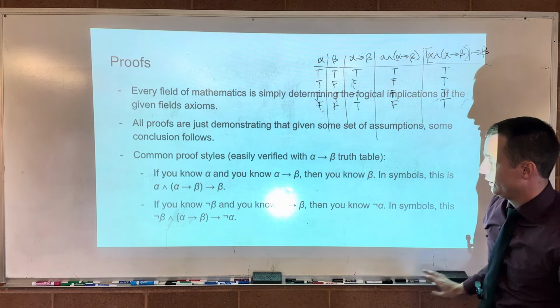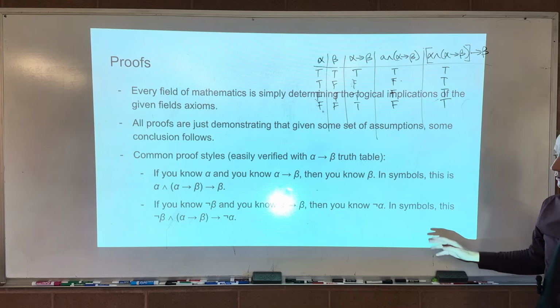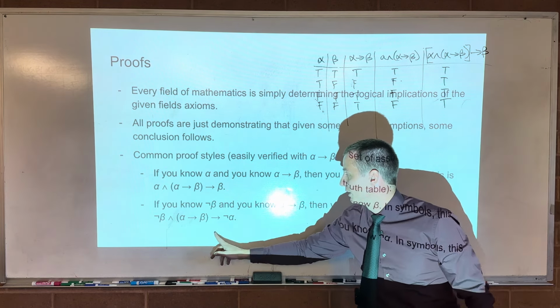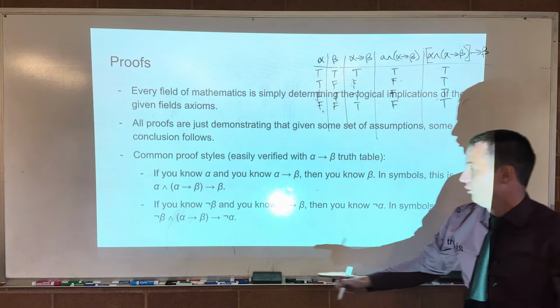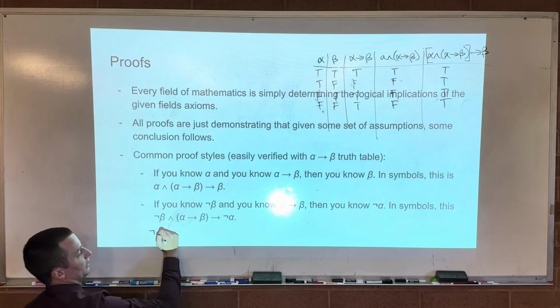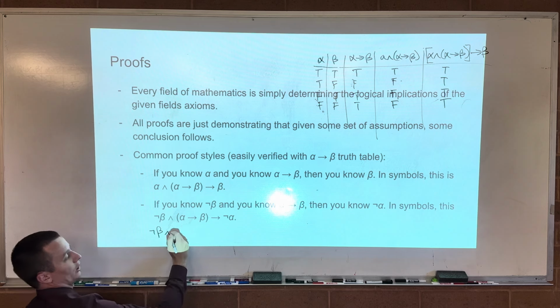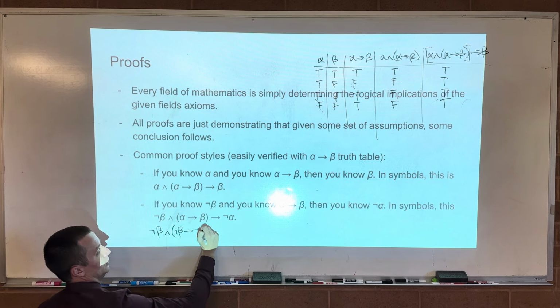And then a similar thing is, if you know not beta, and you know alpha implies beta, then you know not alpha. In symbols, not beta and alpha implies beta gives us not alpha. Remember, alpha implies beta is the same thing as its contrapositive, not beta implies not alpha.